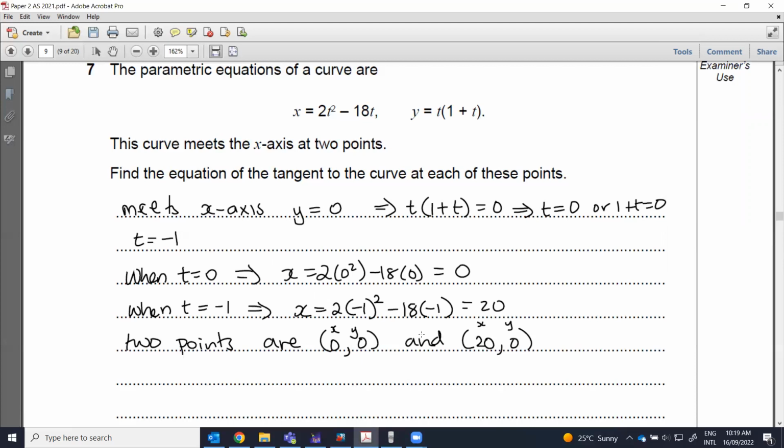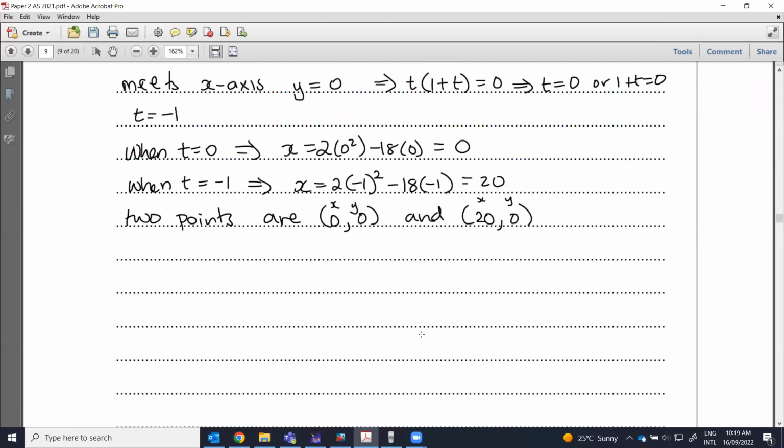Now I want to find the equation of the tangent to the curve at each of these 2 points. So to find the equation of a tangent or any line, we need the gradient. So the gradient of the tangent, m, is equal to the derivative of y with respect to x.